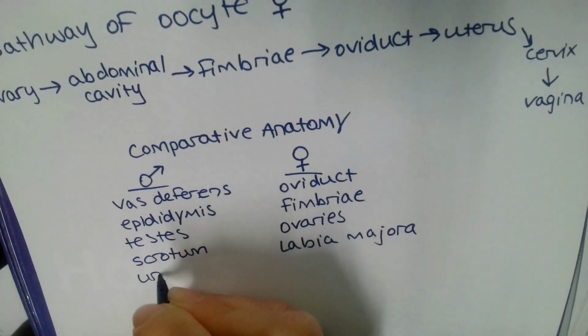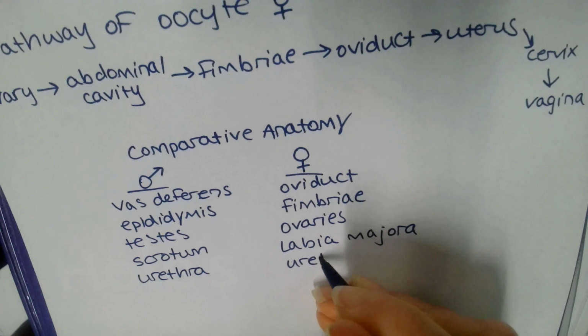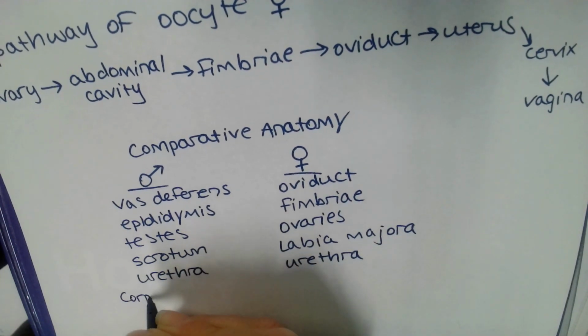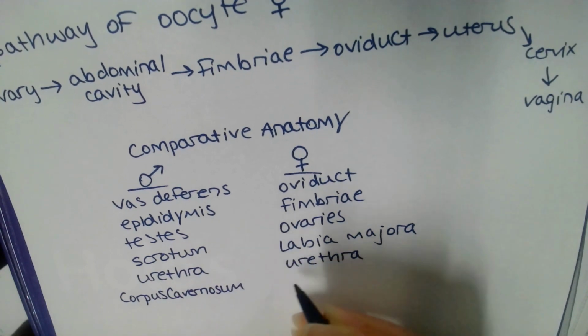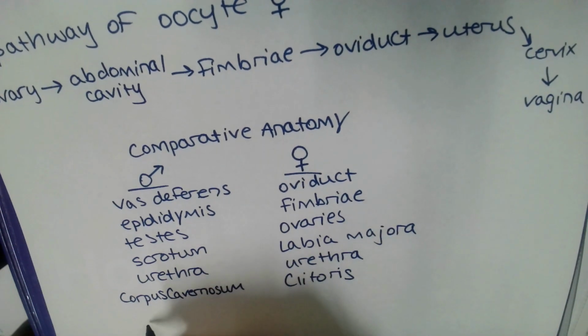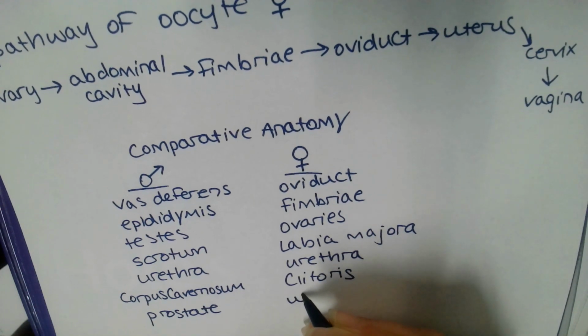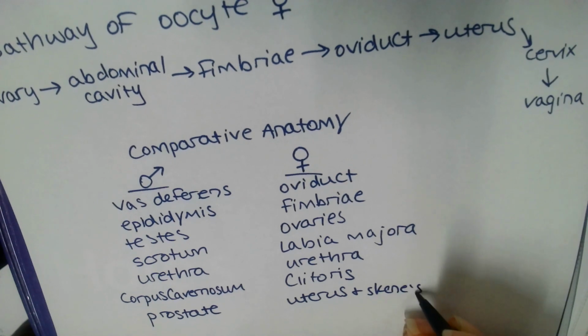Here's a tricky one. What was the urethra? Urethra. The corpus cavernosum. Clitoris. The prostate was the uterus and Skene's gland.